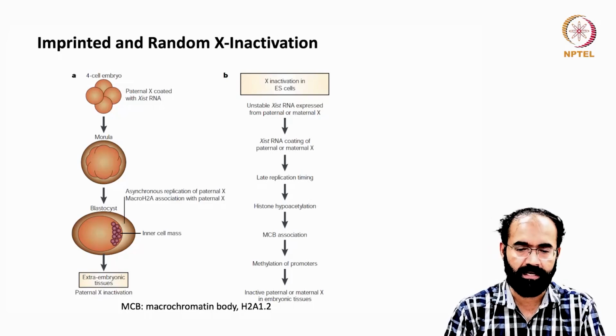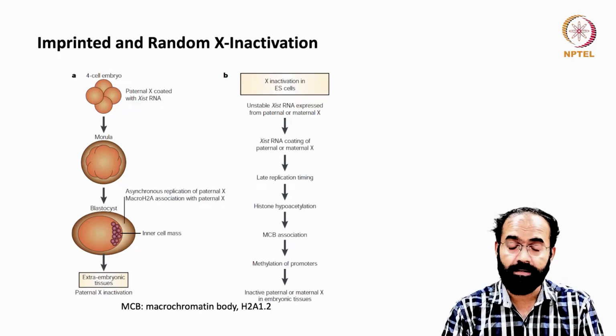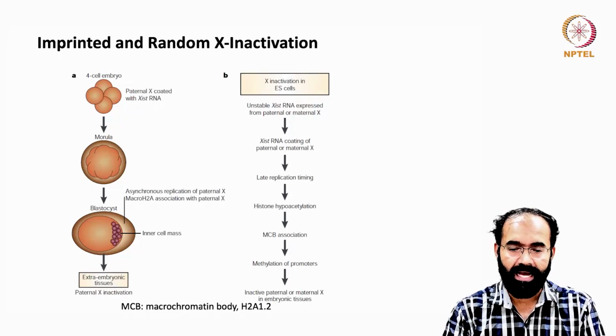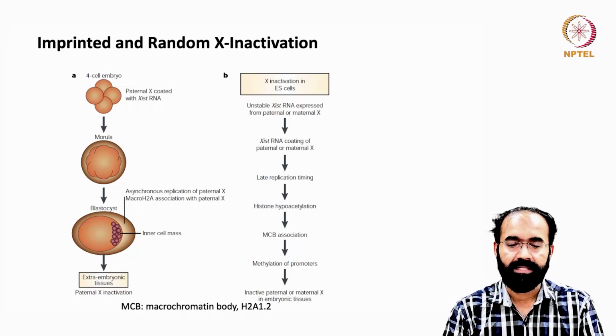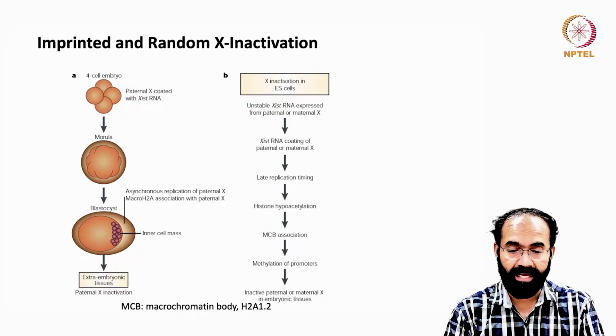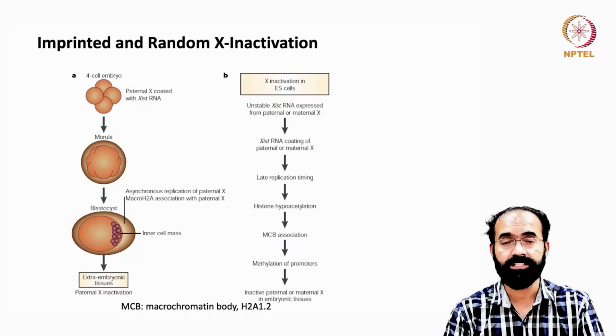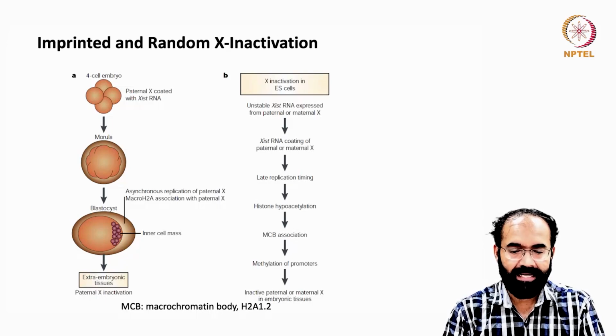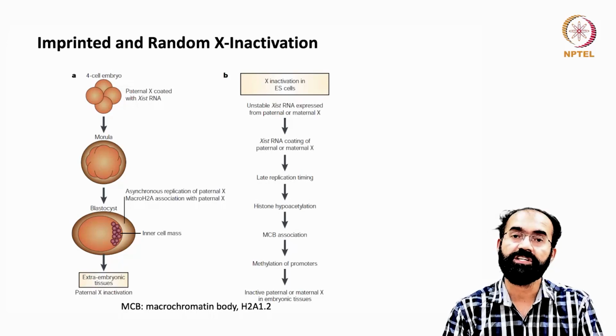Late replication timing happens with the Xist coated X chromosome, histone hypoacetylation takes place, macroH2A chromatin association occurs, and methylation of various promoters or genes present on the X chromosome takes place, leading to an inactive paternal or maternal X in the embryonic tissues.